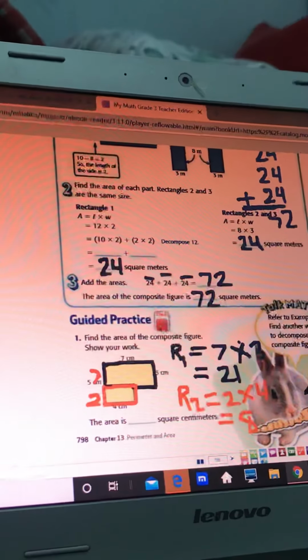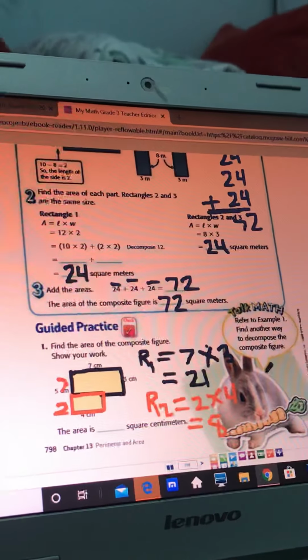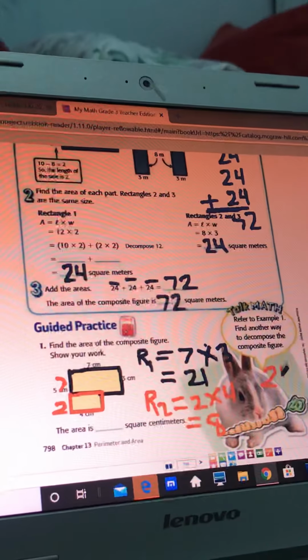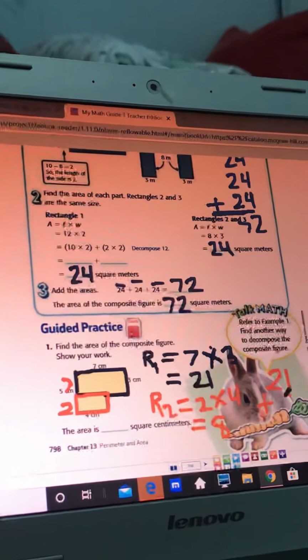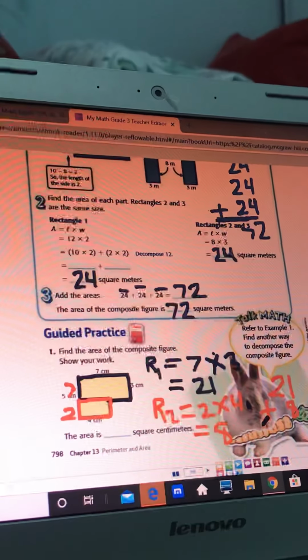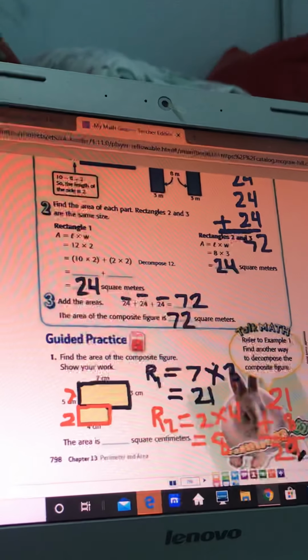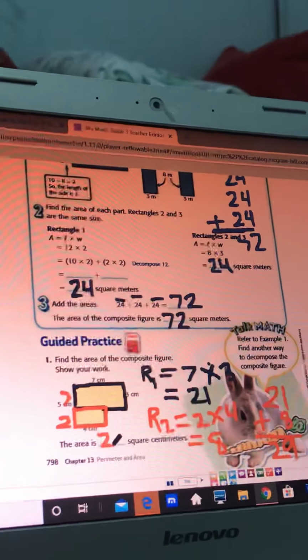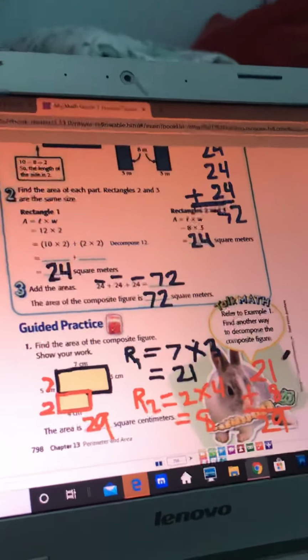Then after that, we will add the 2 areas. 21 plus 8, for our composite figure, will give us 29. Okay, we'll write here 29. Okay, you understand? Alright.